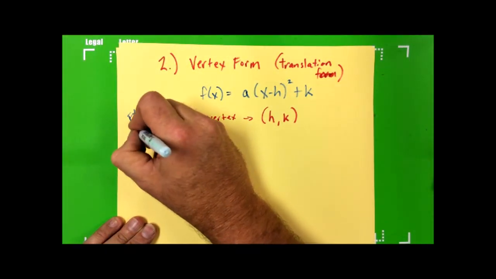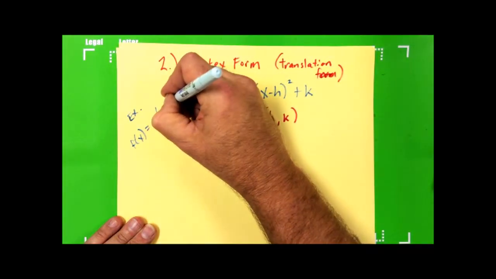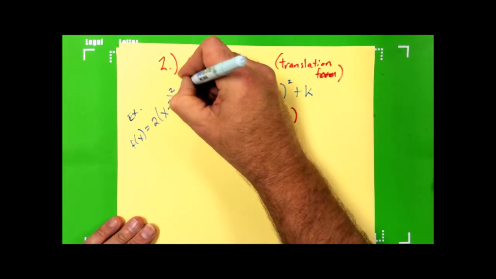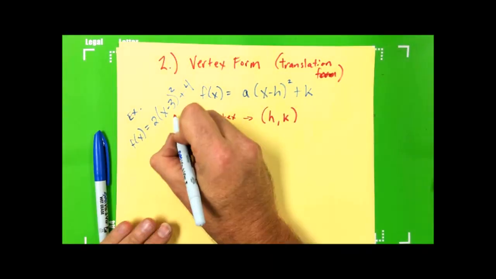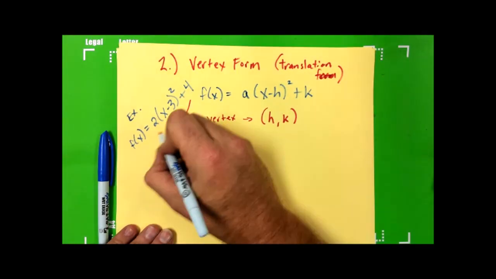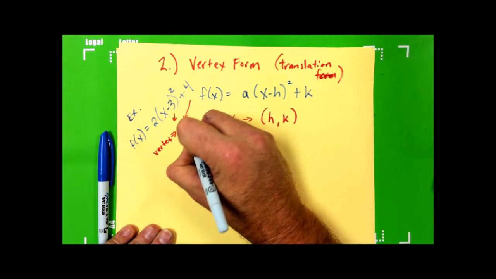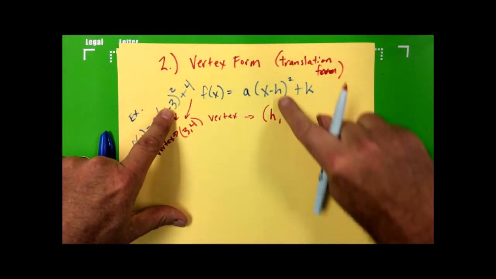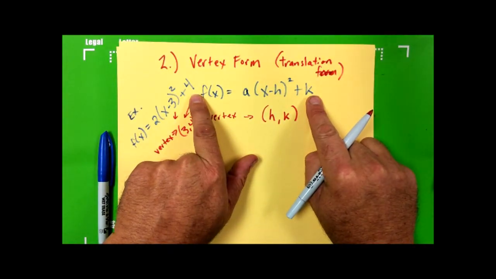As an example, if I am given a quadratic that looks something like this, then notice I'm pulling the vertex right out of the form, aren't I? My vertex here is going to be 3 and 4. Notice that I'm always opposite for the horizontal, and I'm always same direction for the vertical.